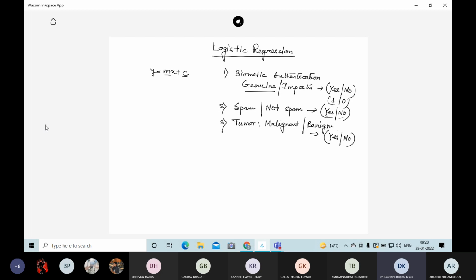So in the last class we have seen that if we have m number of inputs with m number of class levels, x1 comma y1, x2 comma y2, until the last training example xm comma ym.